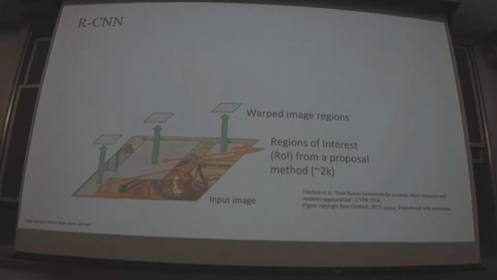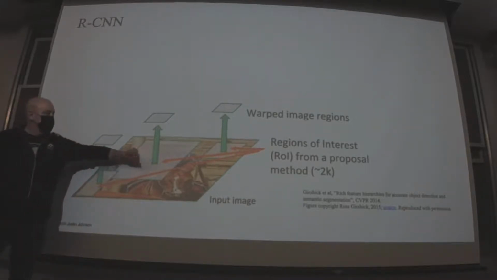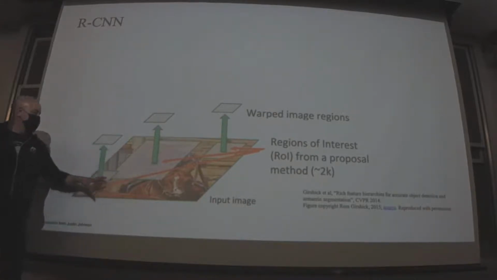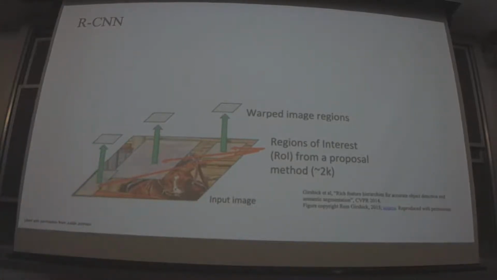If you're going to use something like a pre-trained ImageNet model, these are going to have to be 224 by 224. You might have some issues because of massive changes in scale, due to some of these regions being huge and some being small. But RCNN sort of didn't deal with this. You'll see in other iterations they do deal with this.